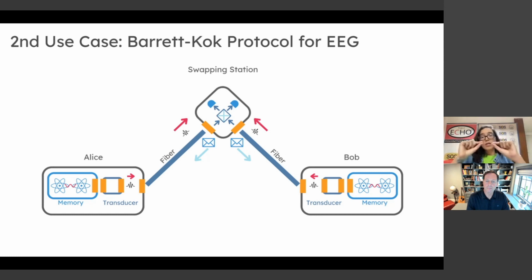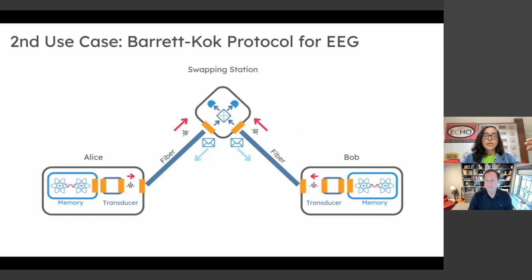The swapping station is going to perform a Bell state measurement, and then the results of that measurement are going to be sent back to Alice and Bob as a classical message, right? And if this first round fails, this means that the protocol needs to start over again.